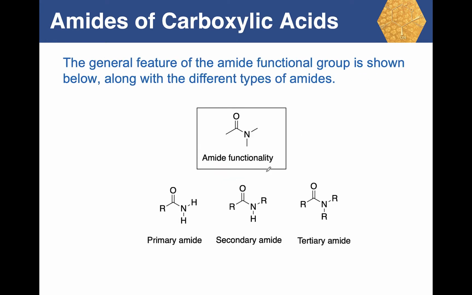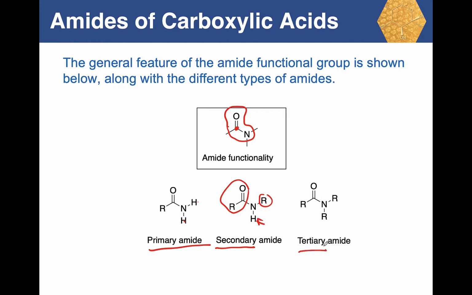Let us do a little more detail in terms of recognizing the amide bond. Here it is again. The nitrogen bonded to the carbonyl carbon. Primary amide, 2 hydrogens, 1 alkyl group. Secondary amide, 2 alkyl groups, 1 hydrogen.